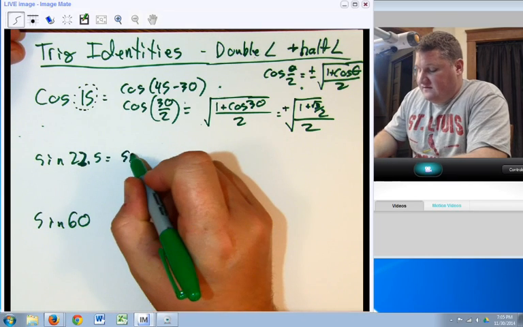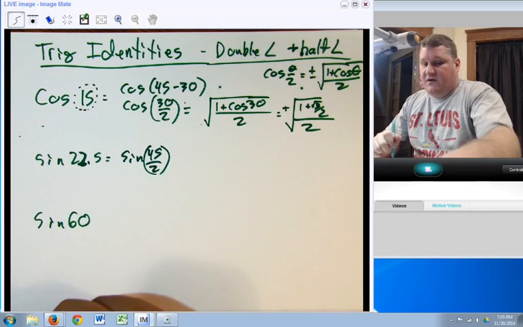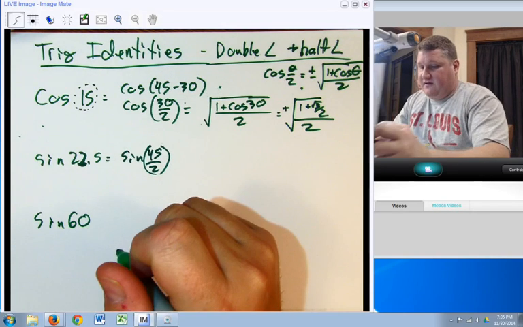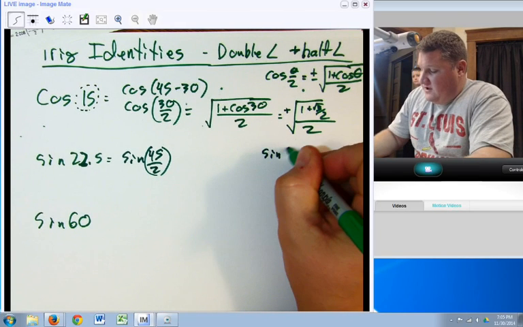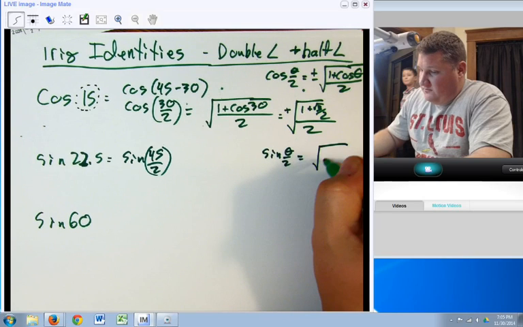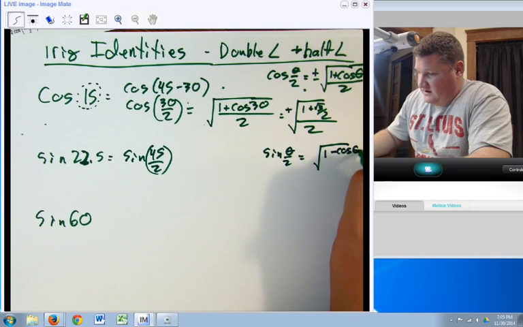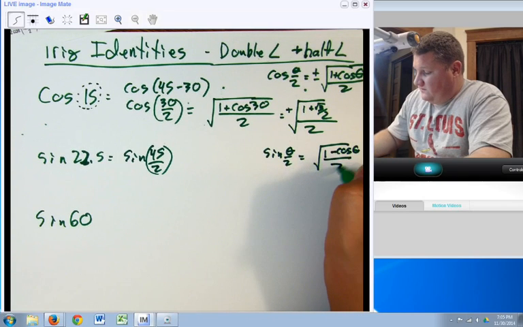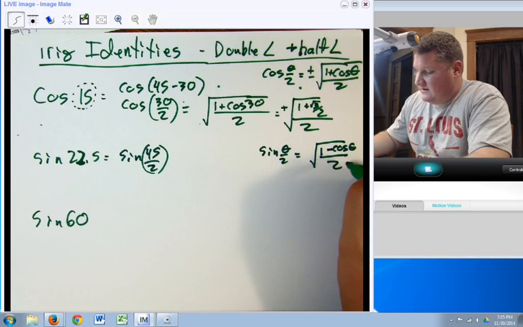So I'm going to say it's sine of 45 over 2. Okay, so I need a property. If I have a half-angle sine, it's going to be sine of theta over 2 equals the square root of 1 minus cosine theta all over 2. So you'll notice these two formulas are nearly the same except one is plus and one is minus.